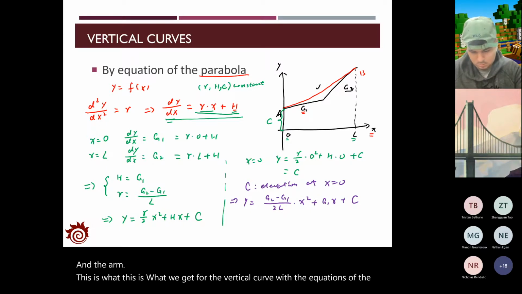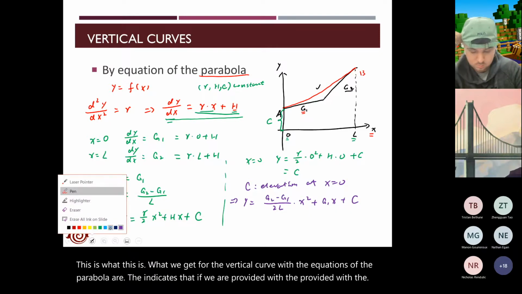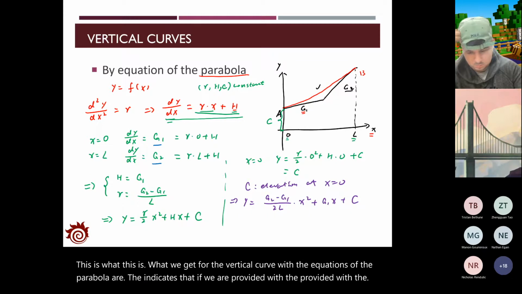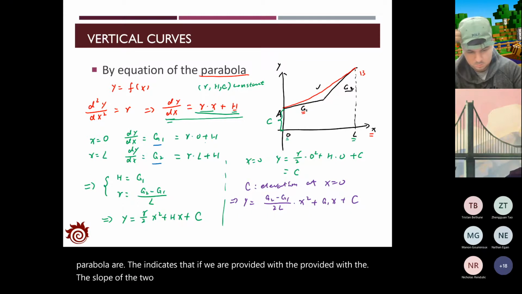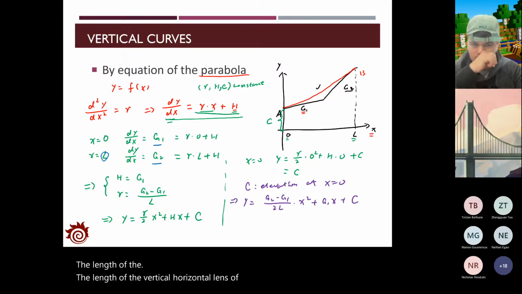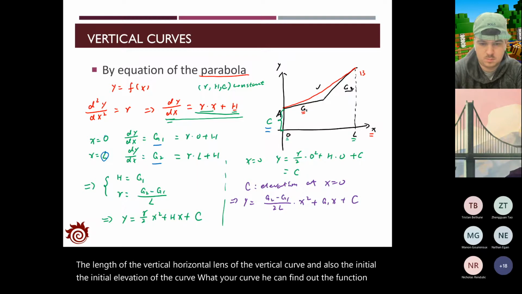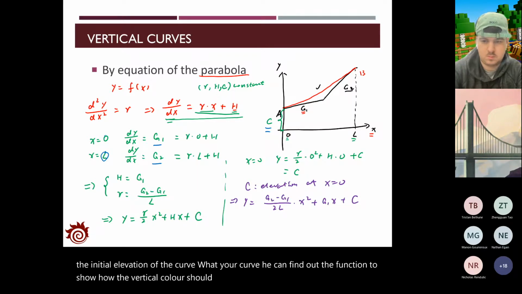It indicates that if we are provided with the slopes of the two lines, the horizontal length of the vertical curve, and also the initial elevation of the vertical curve, you can find out the function to show how the vertical curve should be constructed to connect these two sloping lines.